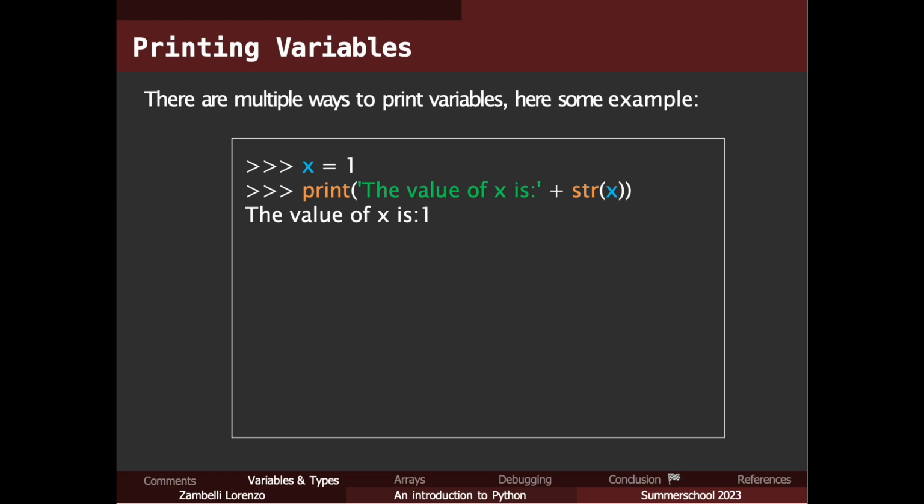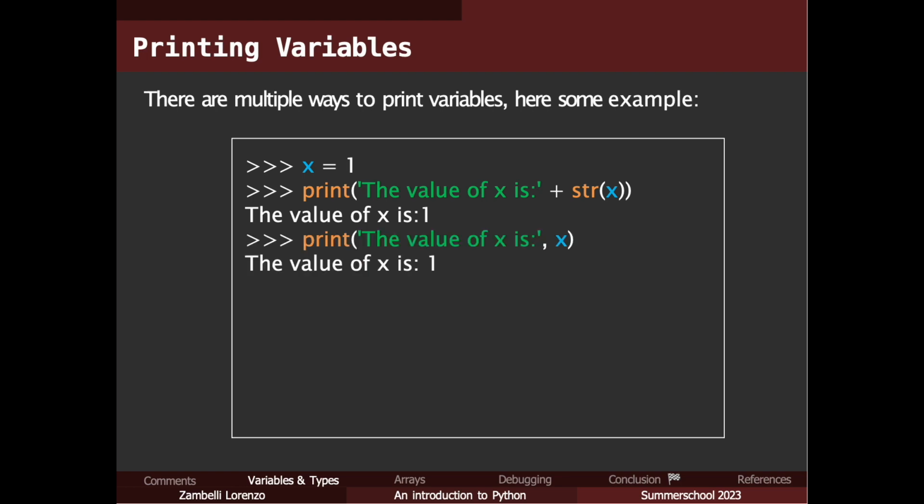In this case, we are basically transforming the integer variable x into a string, because we use the str function, and we are adding that string value to the text, because one of the nice things about strings is that you can compose two strings together with the plus sign.